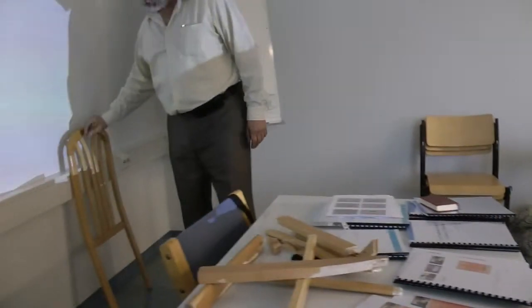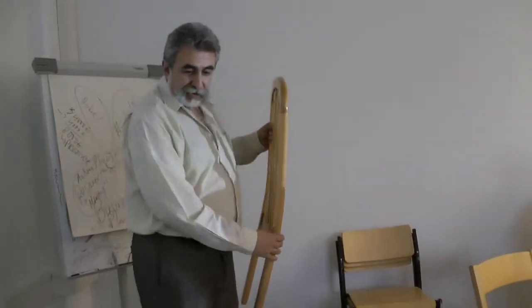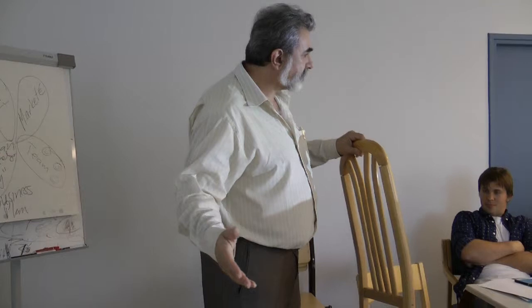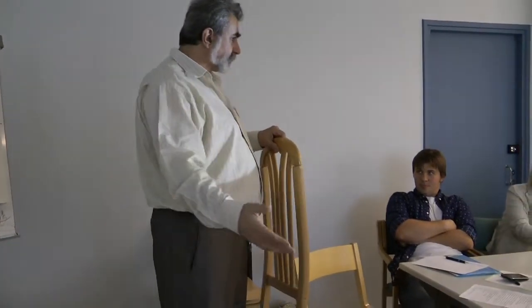Here we took it apart. The same. Here is the back of the chair, the legs, the seat, the front legs separately. Please explain what parts the chair consists of. Here. Right now. Can you see it? What parts? The back, the legs, the seat.